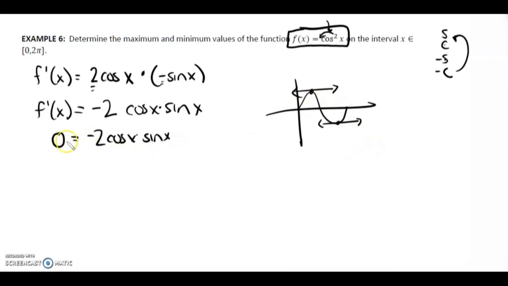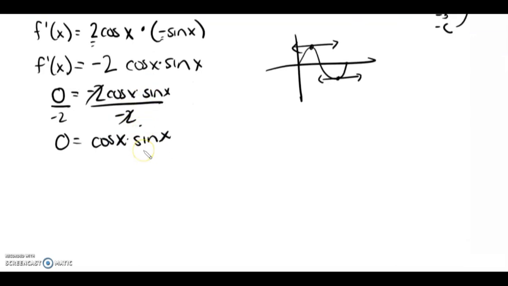So if we have 0 equals negative 2 cos x sine x, we can divide both sides by negative 2, so that goes away. And now we have 0 equals cos x sine x. Okay, so there's going to be 2 situations here, because there's 2 factors. When does cos x equal 0? And then when does sine x equal 0?